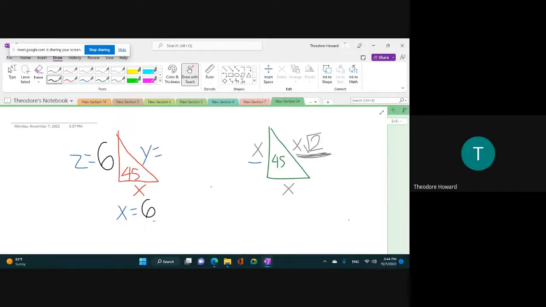Good job, Miss Kane. 6 square root of 2. You catching me so far? Yeah, I'm catching on. Well, then let's do some more just like this because I need you guys to understand this. You guys have to know this by heart.